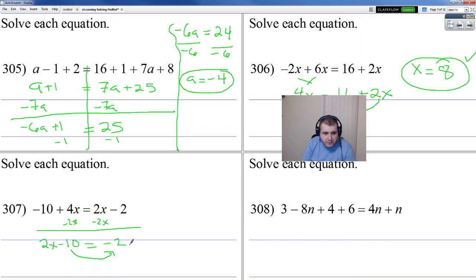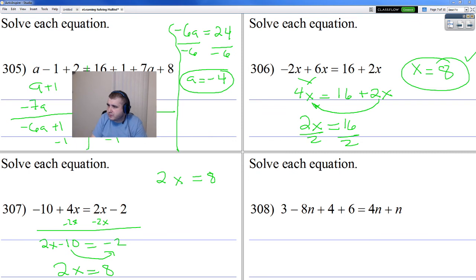It was a negative over here. Now it's going to become a positive over here. 2x equals 8. And if I know 2x equals 8, and I had this in the wrong place this whole time. I'm sorry. If you needed to see what was going on here. All right, so 2x equals 8. Let's divide. X equals 4.